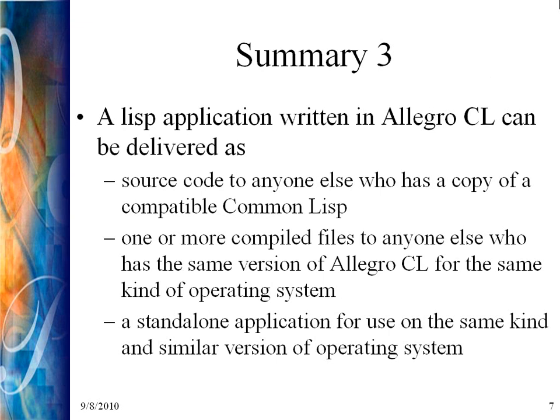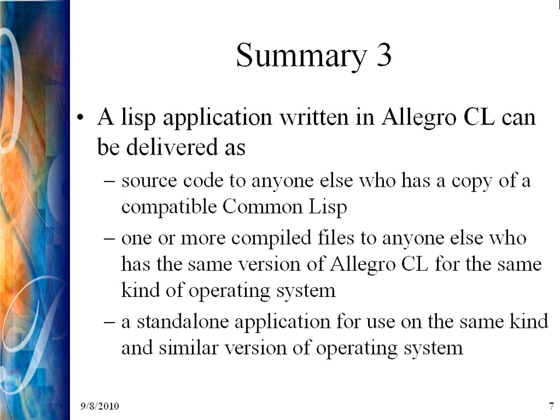And just a word about applications. There were a couple of slides on this last time that I didn't cover, but if there are any questions on them, please ask. If you are working with someone who also has a copy of Allegro CL on the same platform, or typically on any platform unless you're using platform-specific details, you can share the source code, and they can compile it and run it.